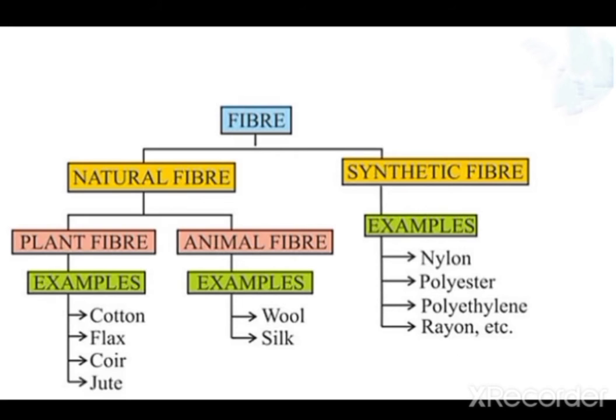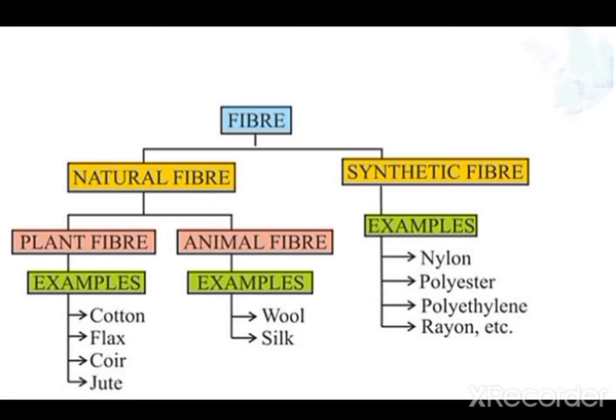Now we will talk about types of fibers. Fibers are of two types. These are natural fibers and synthetic fibers. Natural fibers are those which exist in nature and are obtained from plants or animals, whereas synthetic or artificial fibers are those which are man made.